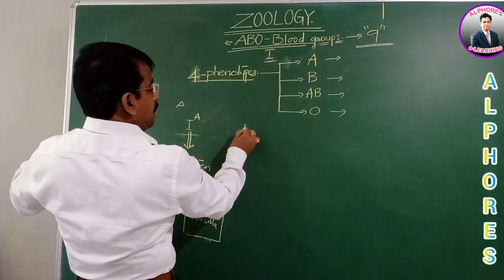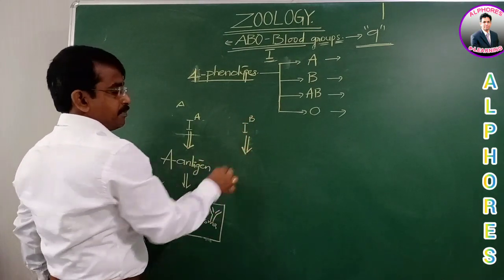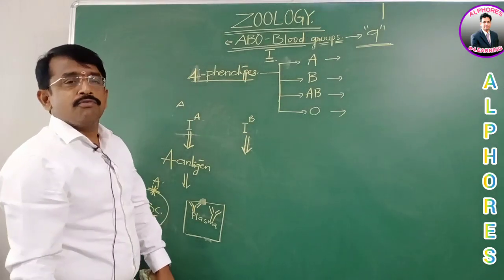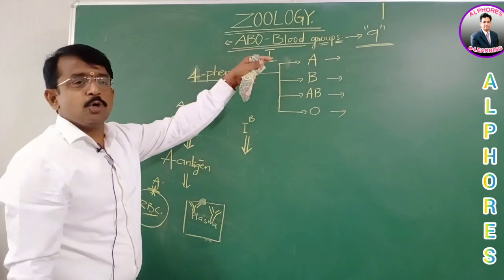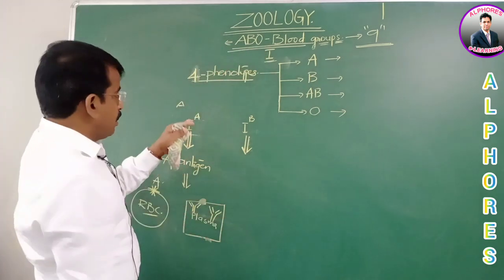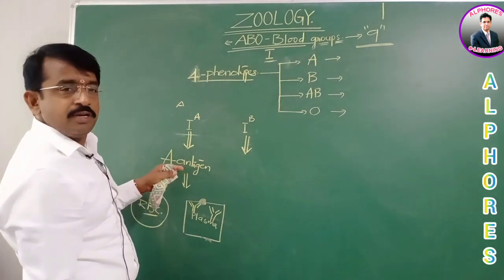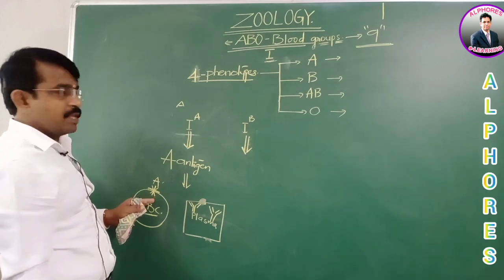Next, IB allele. What we discussed is there are 3 alleles, 4 phenotypes, the blood groups we do discuss. IA allele is an allele which synthesizes the A antigen. Antigens are present on the plasma membrane of RBC.